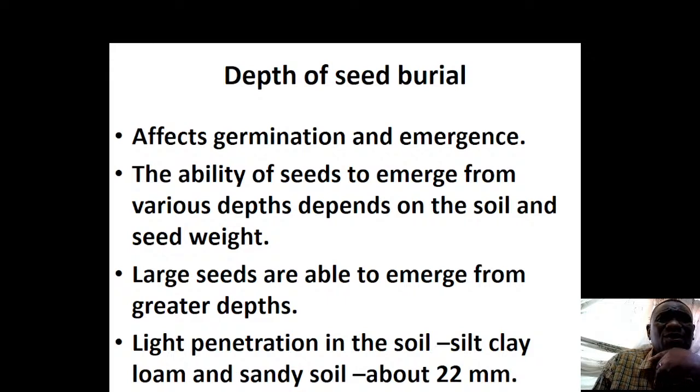So for those seeds which require light, they may be affected by the soil types. And the depth of burial can actually affect light penetration. It is actually light which can trigger germination or not.